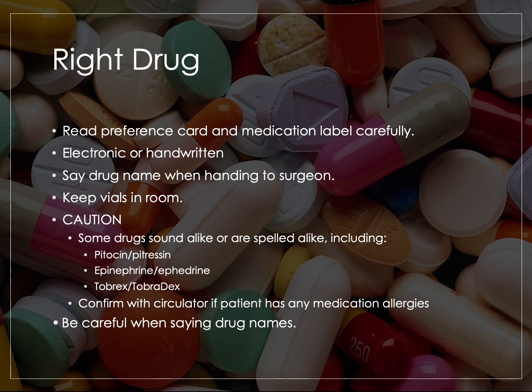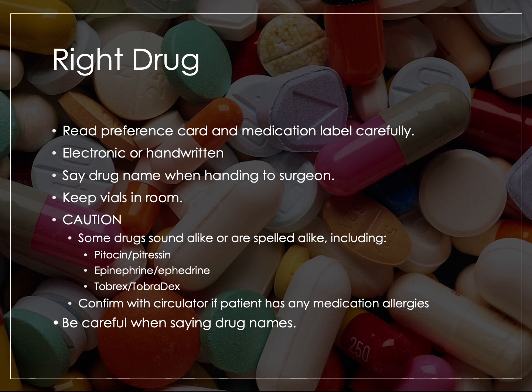A side note here is that I have had experiences where the surgeon or the circulator wants to rush me when it comes to identifying or labeling a medication. Please don't let them do this. I know it can be an unnerving situation when the surgeon is standing there tapping their foot, waiting for you to get the medication and verify it and label it and get it into the syringe, and all of those things.